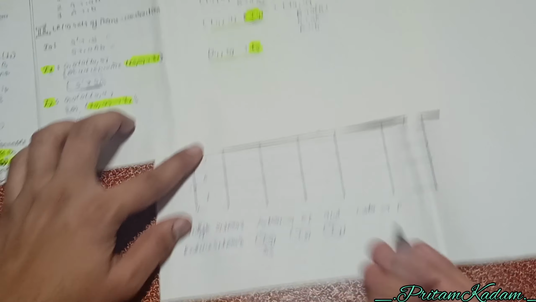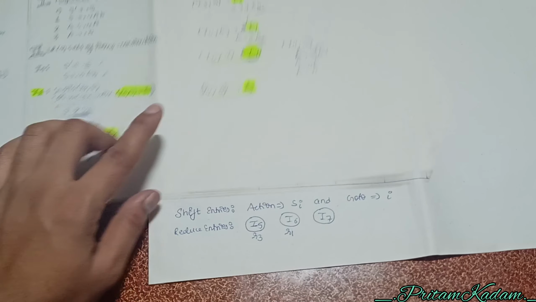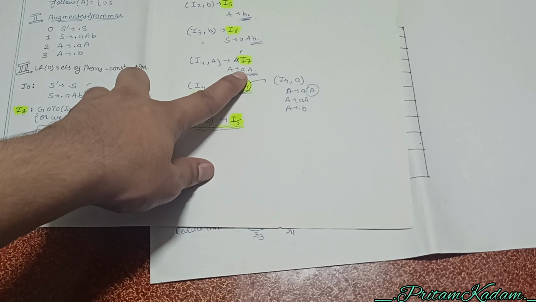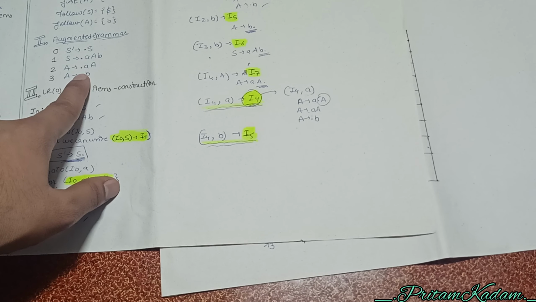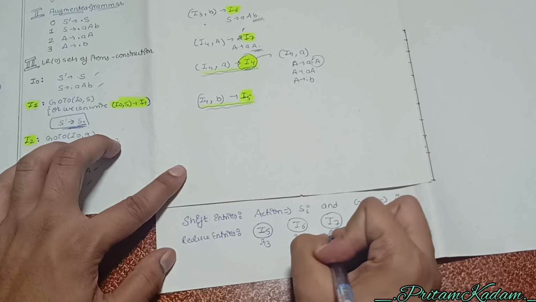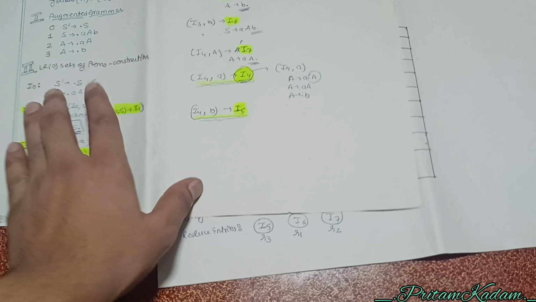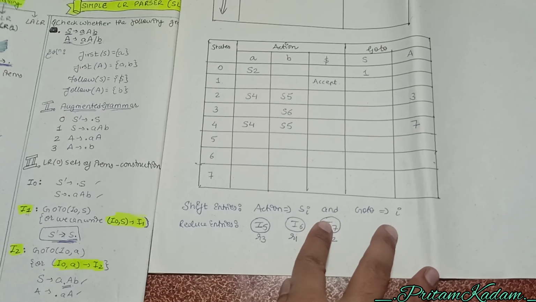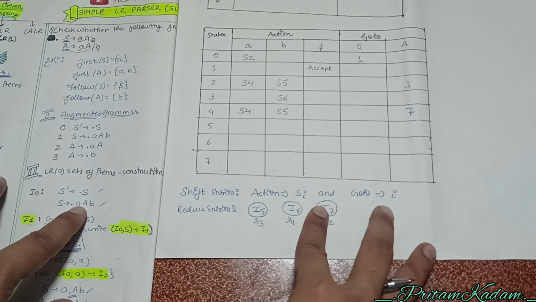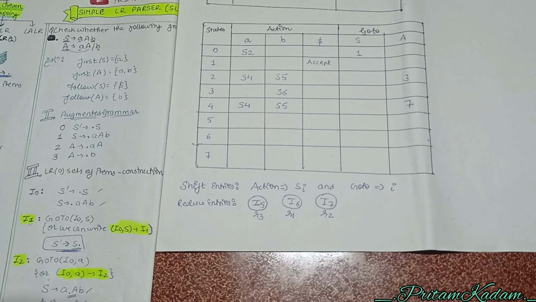And then in I6 it is R1. And then for I7 we have the R2, that is A gives small a capital A, so I will write R2 over here. Now we will find the follow of that. So R3 means A gives dot B, so we will find the follow of A in the first part.